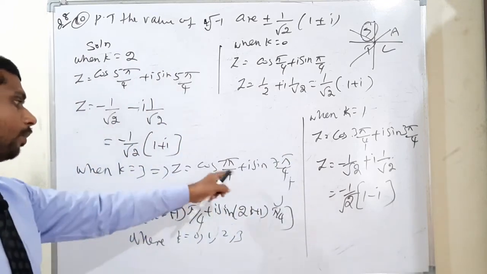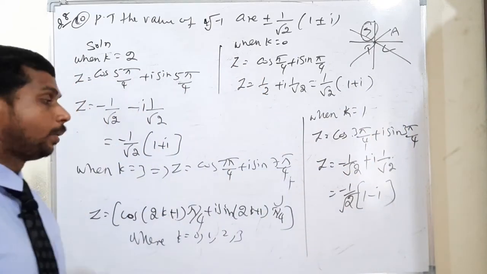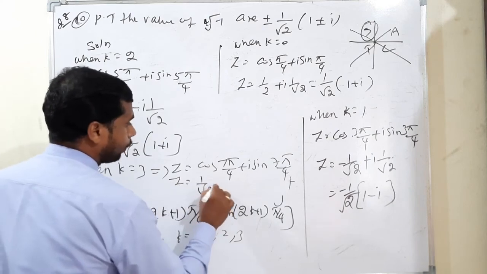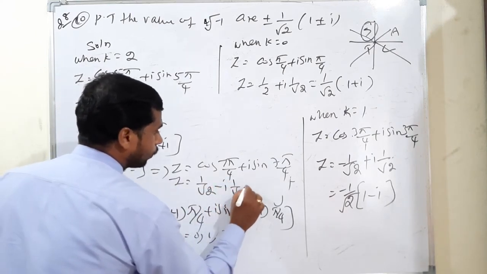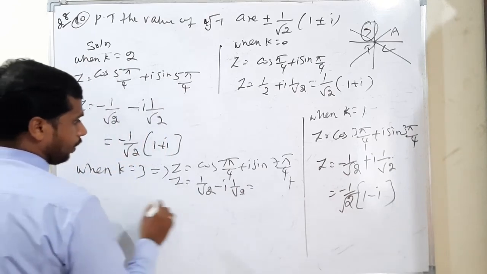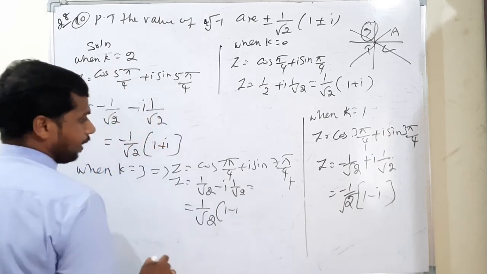Just now we found 7 pi by 4 means 315, it lies in the fourth quadrant. Fourth quadrant means cos only positive, therefore z is equal to positive 1 by root 2 minus i times 1 by root 2, again 1 by root 2 taken common outside, remaining 1 minus i will come.